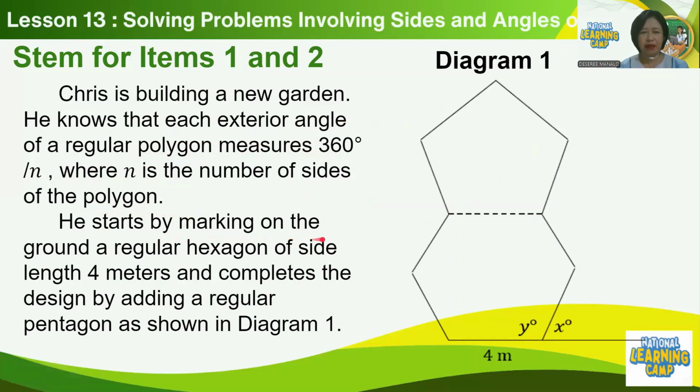He starts by making on the ground a regular hexagon of side length 4 meters and completes the design by adding a regular pentagon as shown in diagram 1. From this description, it mentioned the word hexagon and the other one is pentagon. When we say hexagon, a polygon with 6 sides. When we say pentagon, a polygon with 5 sides.